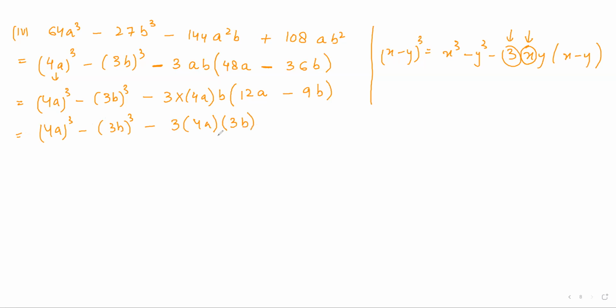So I'm taking 1 3 outside. So here I get 4a minus 3b. Now you can compare it with this one. This is x cube minus y cube minus 3 into x into y into x minus y. It's the same as this.